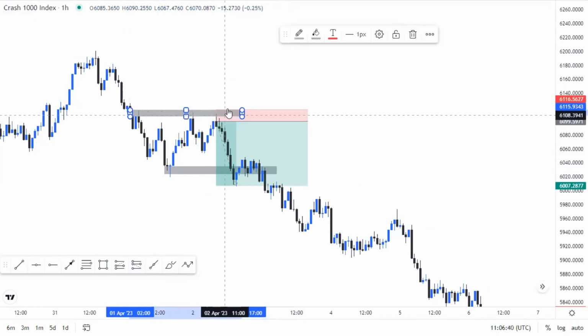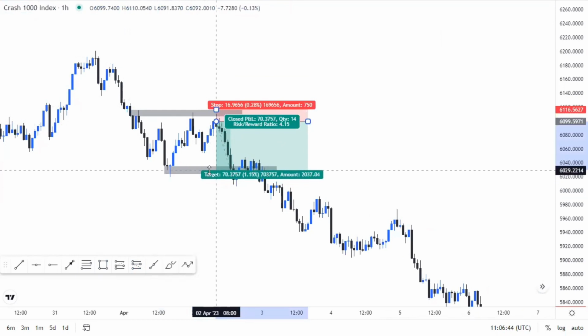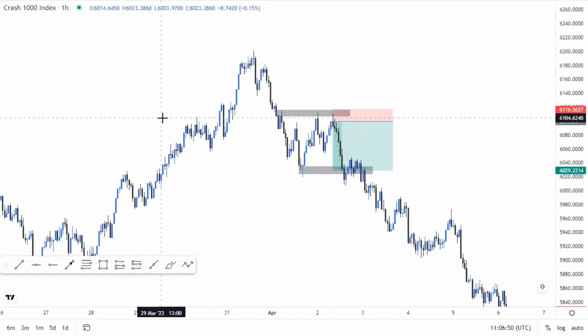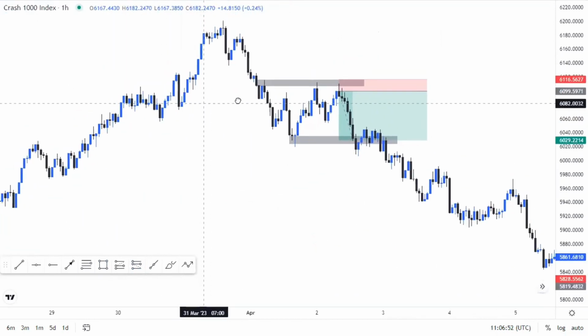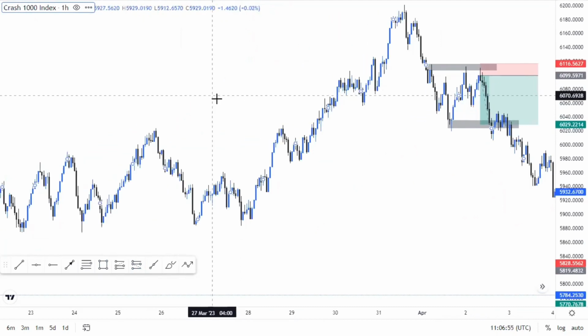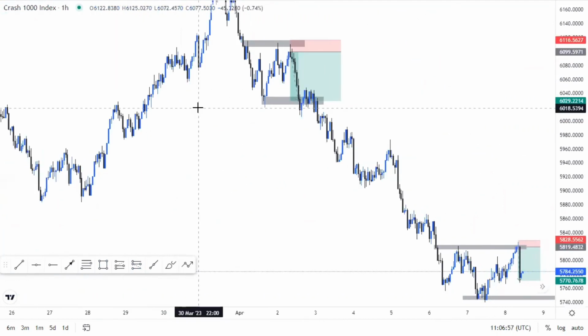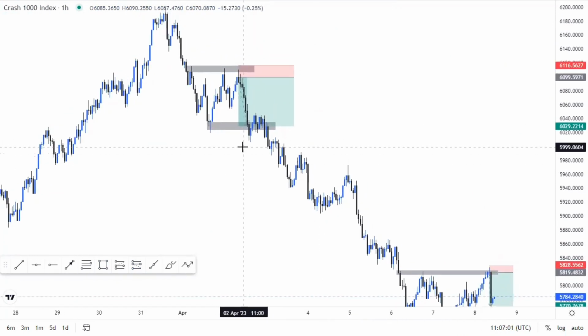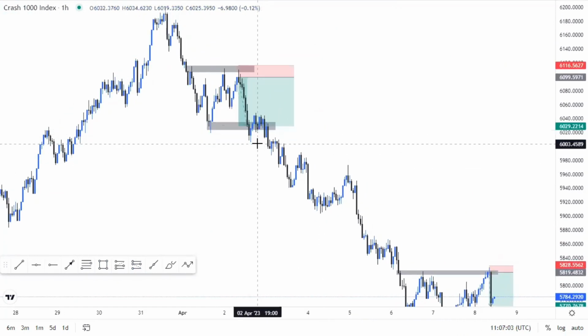You see, if you're using one lot, you're risking $16 or $17 to get how much? To get $70. My people, this is something that is going to be life-changing for you. You just have to understand this thing and practice it. Over time, you get to understand. There's no magic about it.